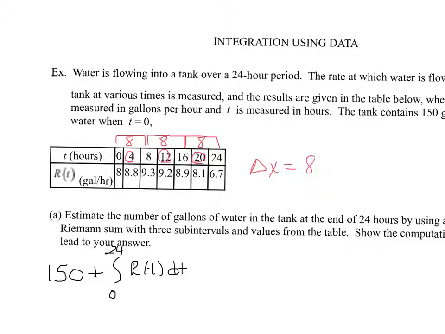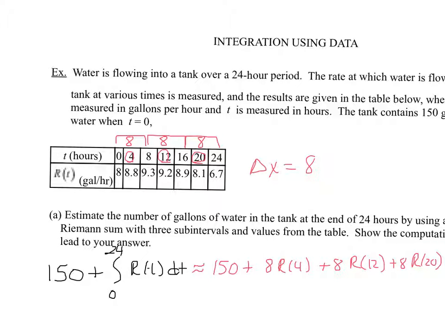So to show the computation, this is going to be approximately 150 plus 8 times R at 4, plus 8 times R at 12, plus 8 times R at 20.